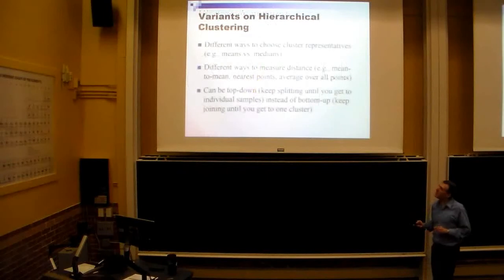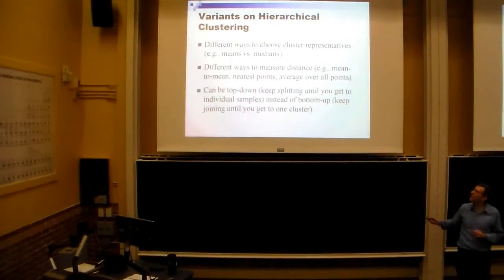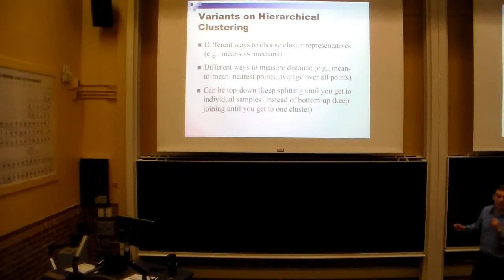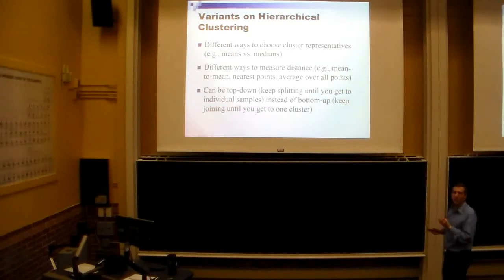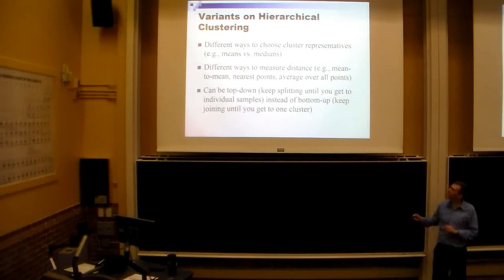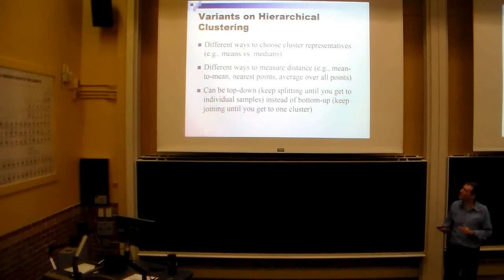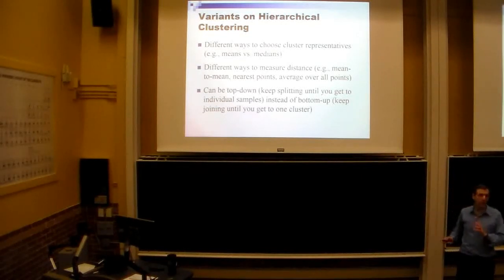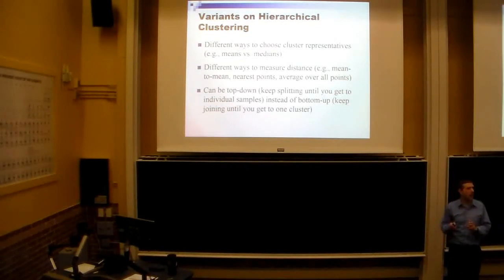So just like with the k-means, there are other variants on these kinds of hierarchical algorithms. There are different ways of defining what the average of a cluster is, or the mean, or the median, or geometric mean, or arithmetic mean, various ways of doing that. Different ways of measuring distance to decide which things are closest together, or how far apart one cluster is from another cluster. And there are even versions where you do this top-down instead of bottom-up.